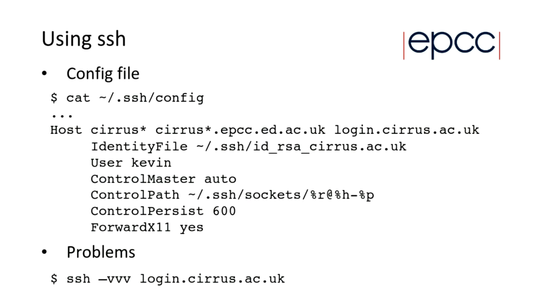This allows you to, when you first authenticate, cause SSH to create a socket which further SSH connections can then piggyback off, and that means you only have to authenticate once per day typically, which I regard as a reasonable balance between inconvenience and security.